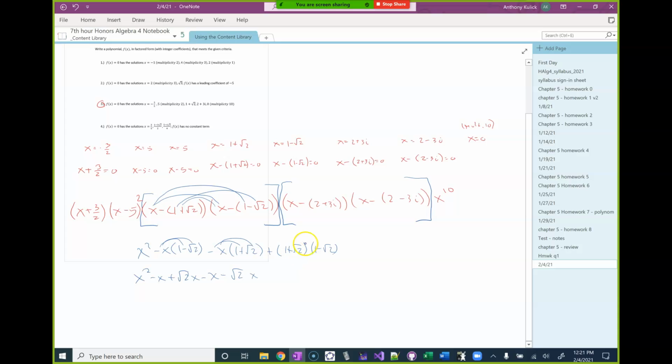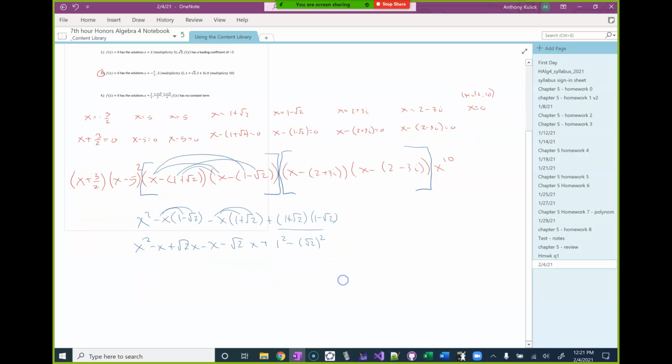And then I have to FOIL this thing out, but I really don't have to because that's just the difference of two squares, right? That last piece. So I know it's just going to be like a squared minus b squared. So I'm not even going to bother with the foiling. You could if you wanted to. I'm just going to take that shortcut though. So those guys cancel out. And the square root of 2 squared is just 2. So 1 minus 2 is negative 1.